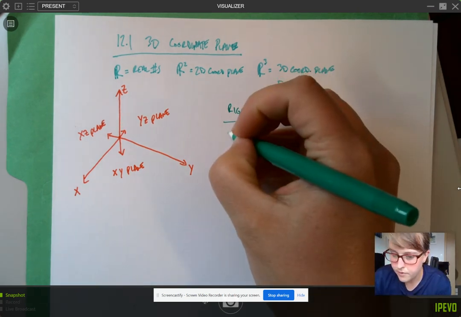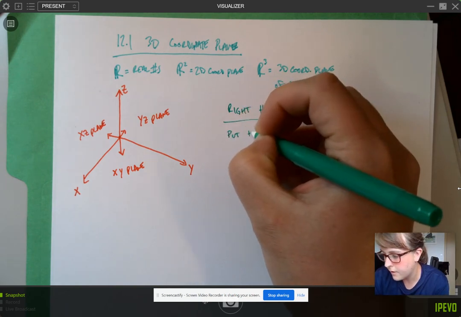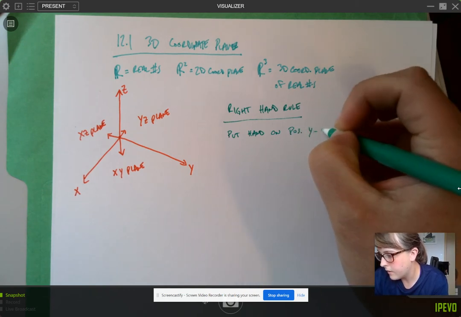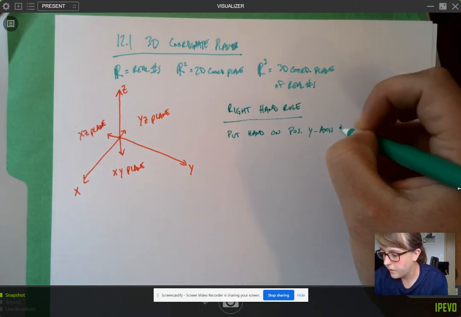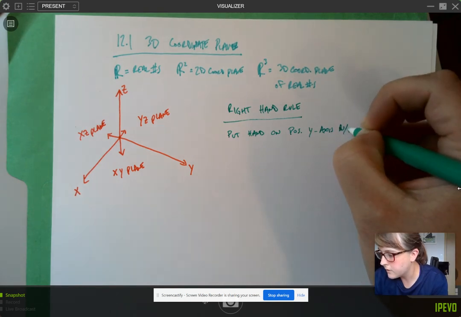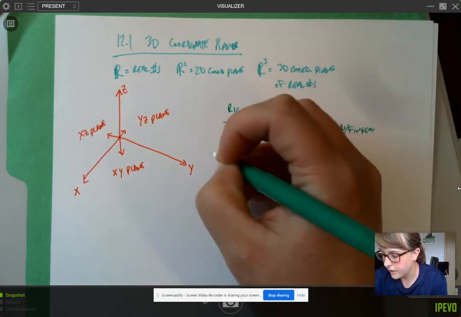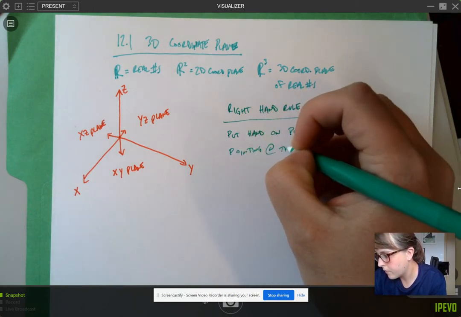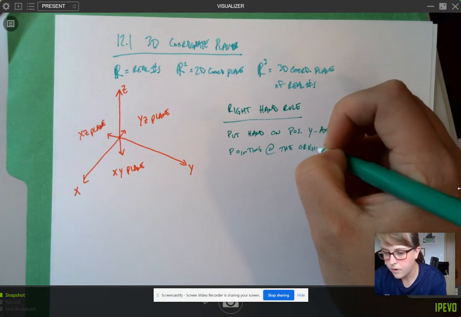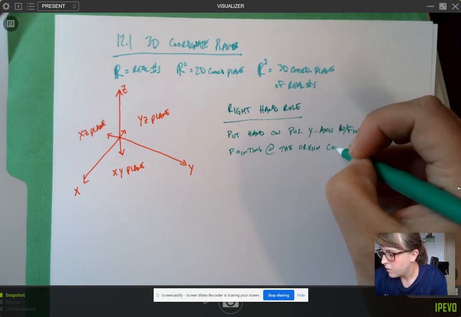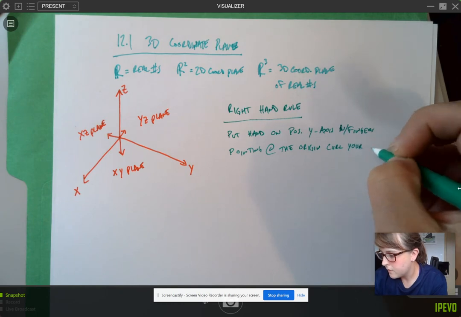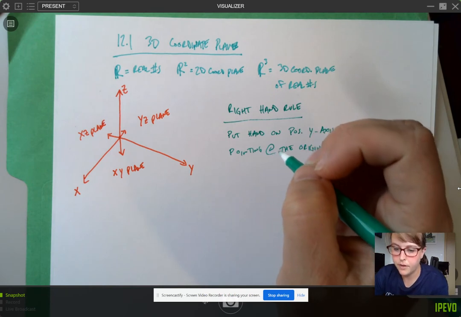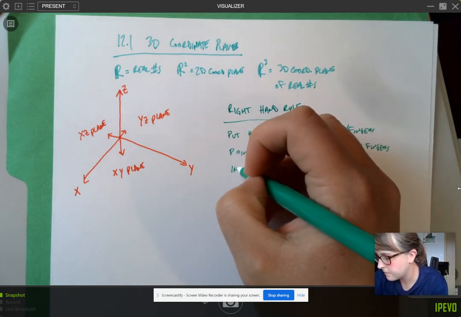So if you want to write down those directions real quick: put your hand on the positive y-axis with your fingers pointing at the origin. Curl your fingers in the direction of the positive x-axis.